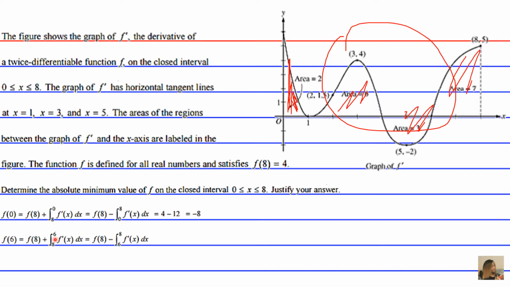That seems pretty negative, but let's see what we have for f of 6. And remember, f of 6 was our local minimum, okay? So we're doing the same thing essentially that we did in the case of f of 0. We're going to add f of 8, and then we're going to take the integral from 8 to 6, which is this area right here, but we're going to do it in the same fashion that we did up here.